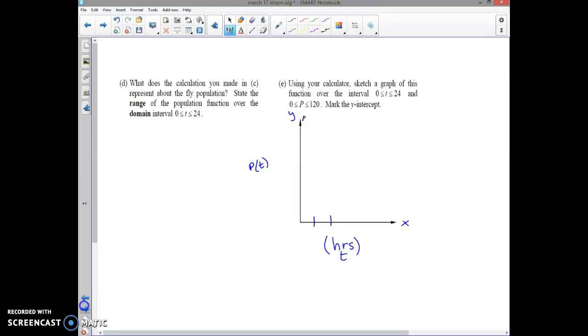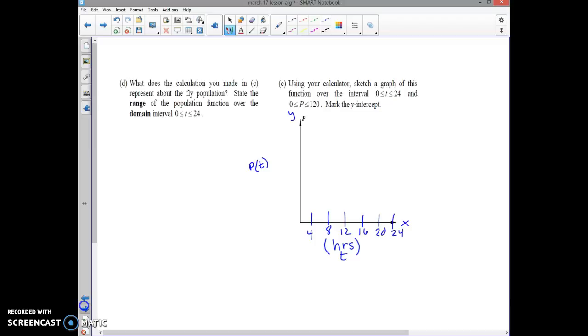So I might just divide this by 4. I might run out of a little bit of room. If I count by 4s, it might help me. So 4, 8, 12, 16, 20, and 24.